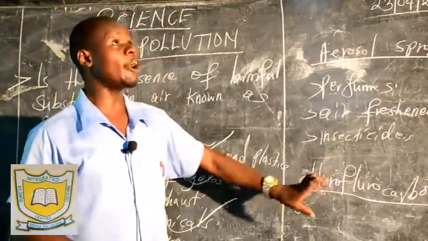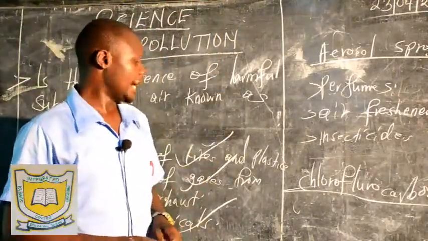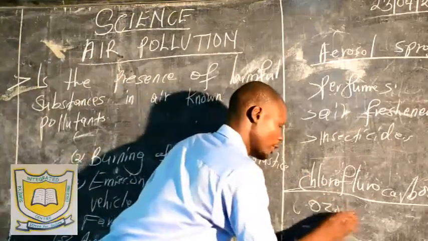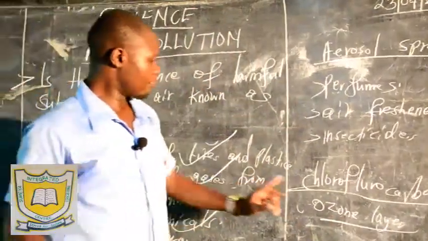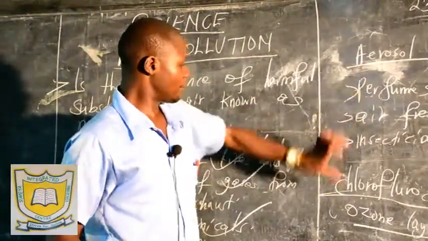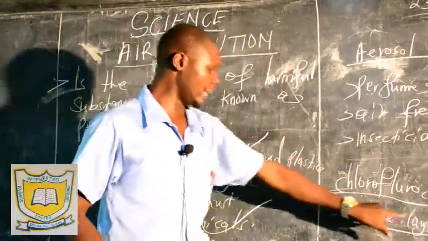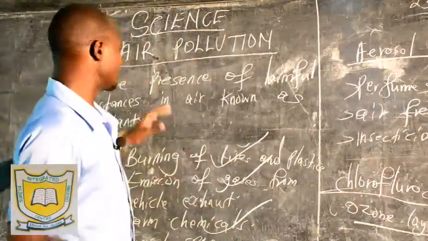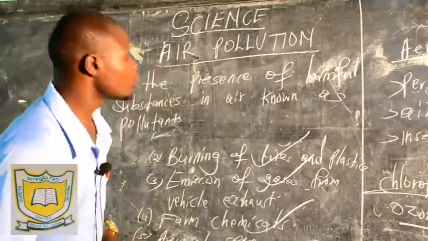The ozone layer is a layer of gas at the top of the atmosphere, and this layer protects the earth from being struck by the dangerous heat of the sun. So the perfumes producing chlorofluorocarbon, a dangerous chemical, destroy the ozone layer, which is very important. The ozone layer protects the earth from the dangerous rays of the sun. So that is aerosol sprays.